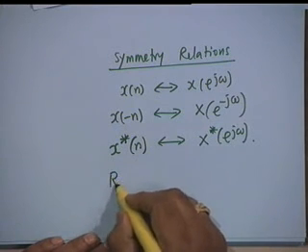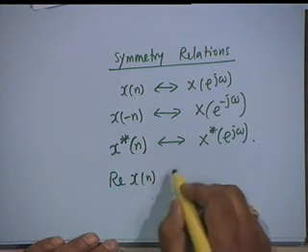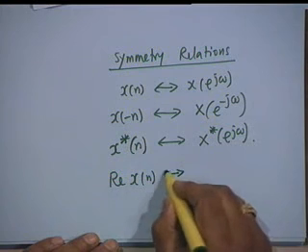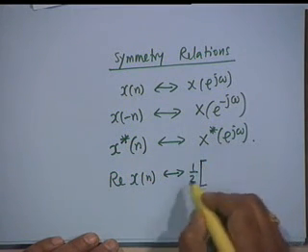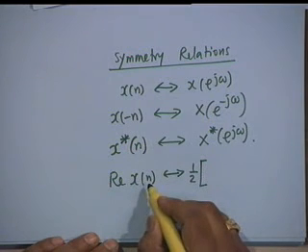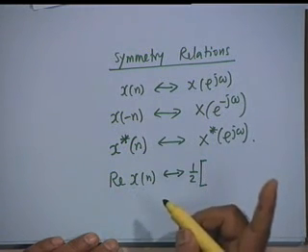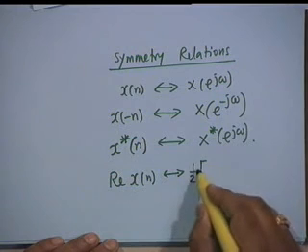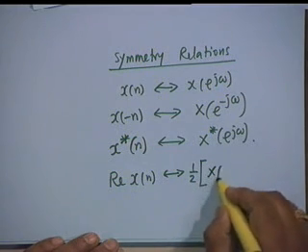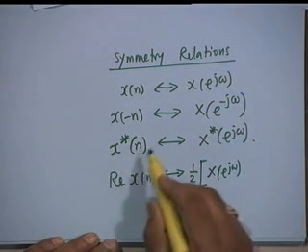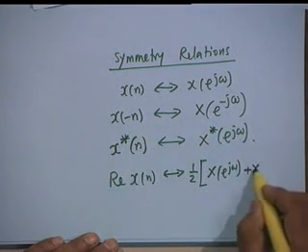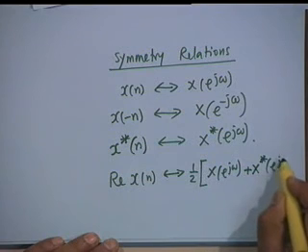The real part of x of n, if x of n is complex, is also not difficult to prove. Real part after all is x of n plus x star of n divided by 2. So, this is why this half comes, then capital X of e to the j omega, and x star of n we have already said. So, plus X star of e to the minus j omega.